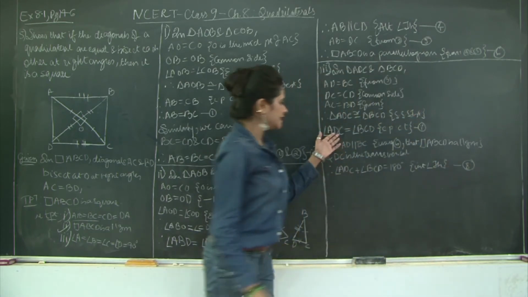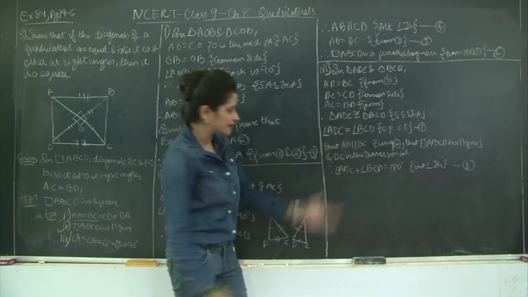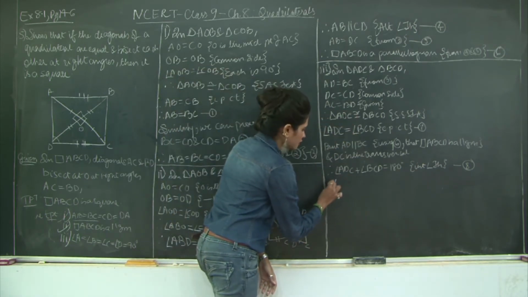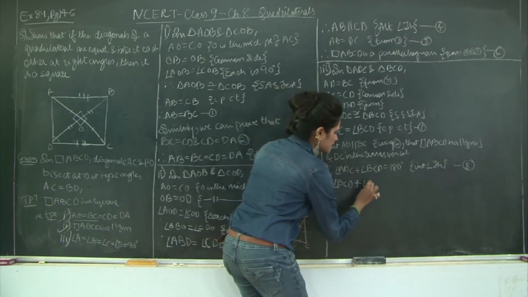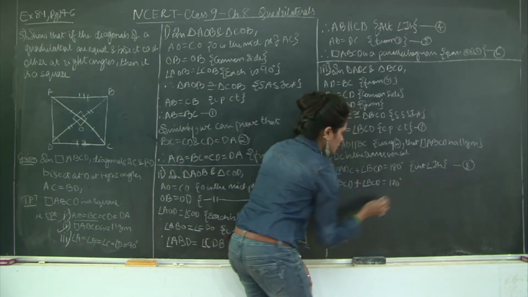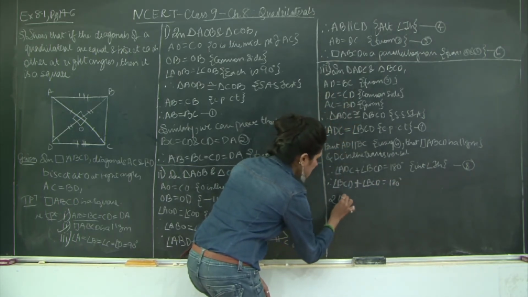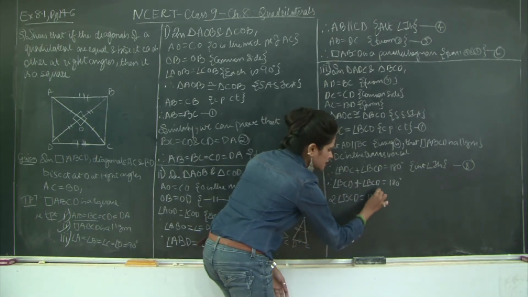So, instead of ADC out here, in this statement, I will just substitute BCD because both the angles are equal. So, I will say therefore, angle BCD plus angle BCD is equal to 180 degrees. Potato plus potato is 2 potatoes. So, BCD plus BCD is 2 BCD is equal to 180 degrees.